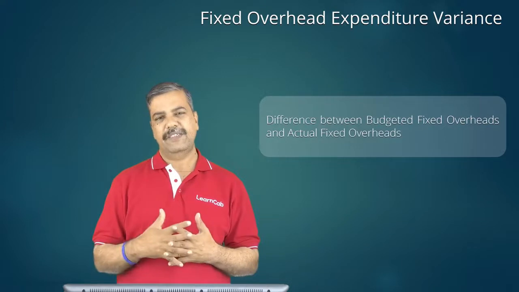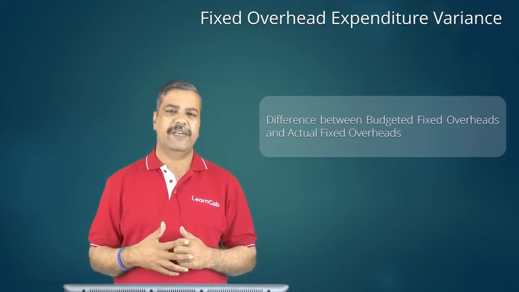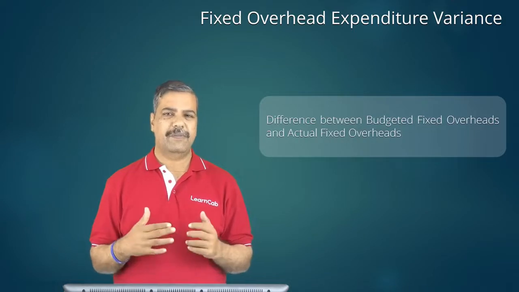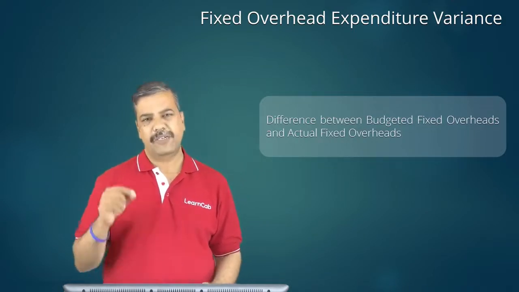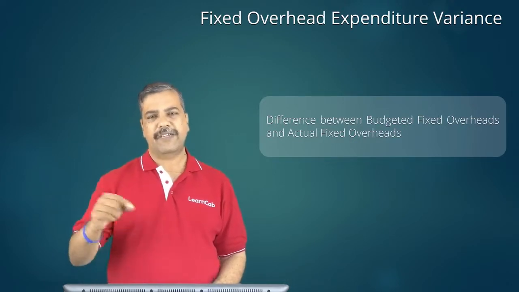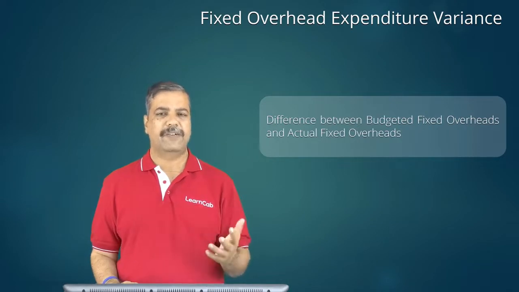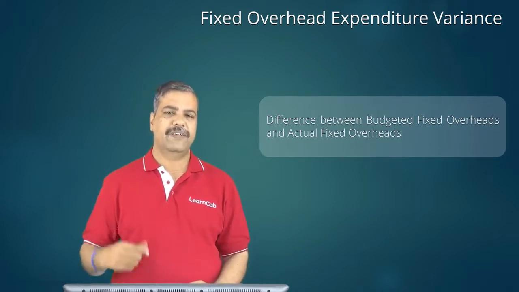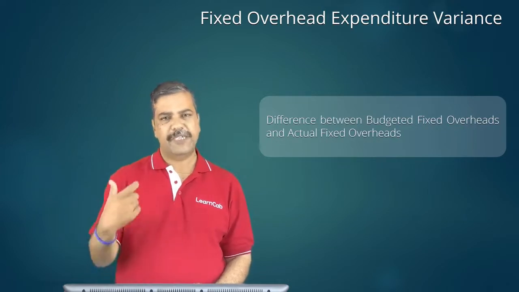Since it's future oriented, most of the time the numbers will be right, because they are derived from the contracts or agreements I enter into. So I predict the cost as it should be. Fixed cost as such I have budgeted over my period. This is my budgeted fixed cost.